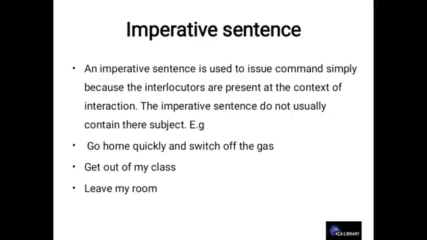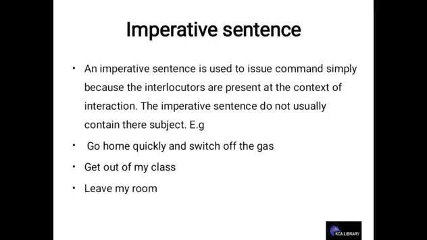So we have the imperative sentence. An imperative sentence is used to issue a command, simply because the interlocutors are present in the context of interaction. The imperative sentence does not usually contain its subject. Interlocutors in this context means the communicators.